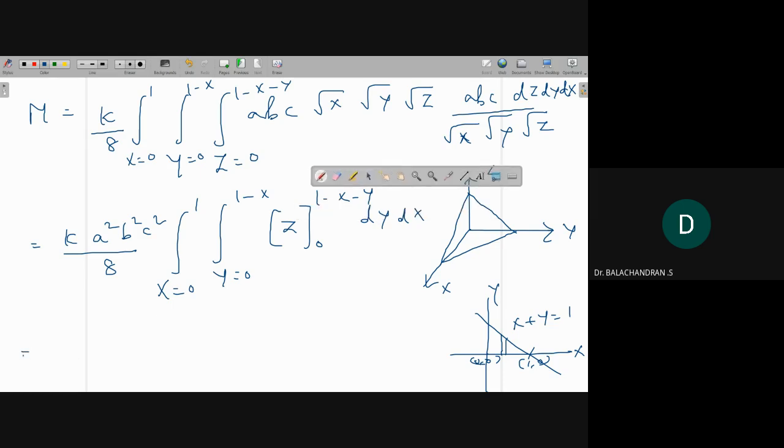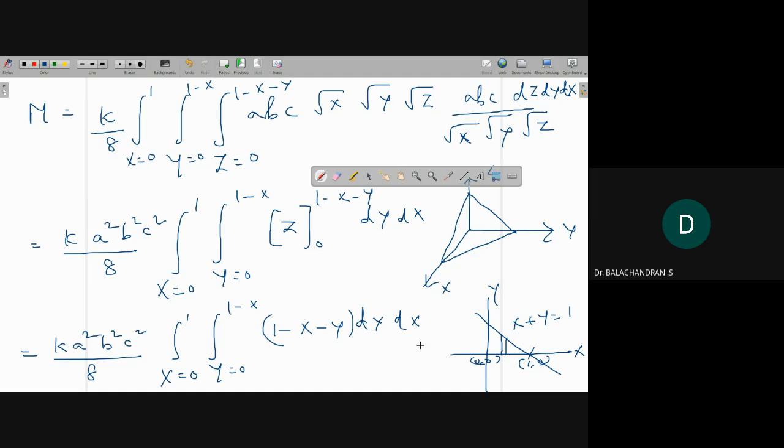So this is equal to k into a square, b square, c square by 8. Substitute the limits for z, 1 minus x minus y, into dy into dx. Now integrate with respect to y.